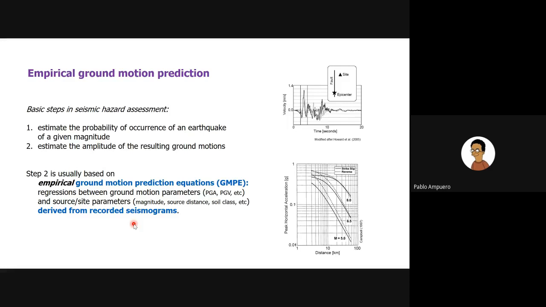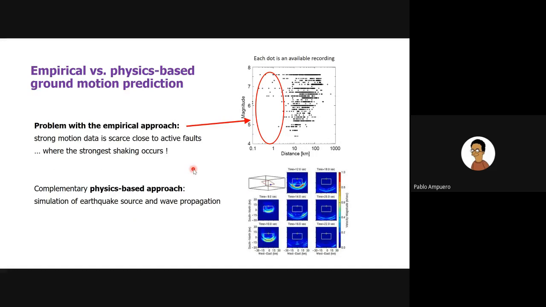And this comes with a limitation. It works fine as long as you do have data that samples the areas and situations of interest. But the problem with the available ground motion data is that it has gaps in it, and those gaps turn out to be in places and in situations that matter a lot for applications.